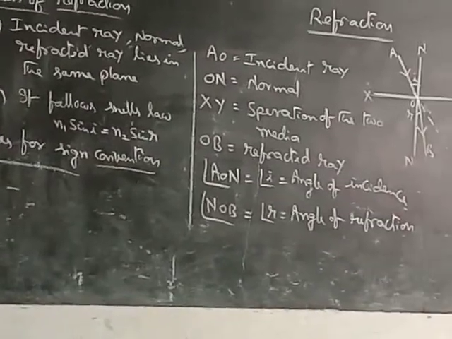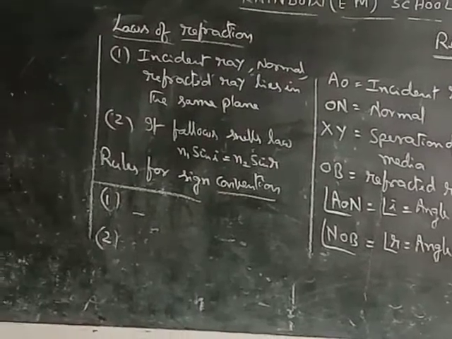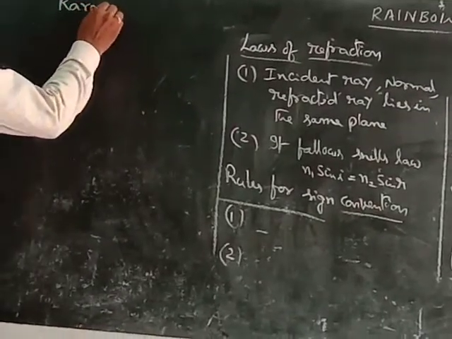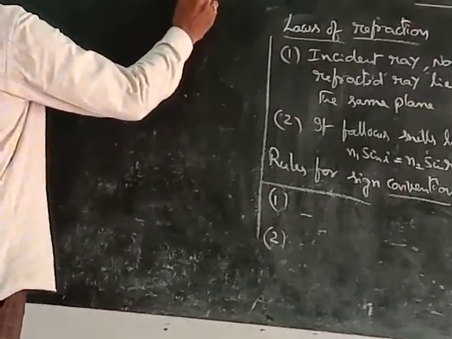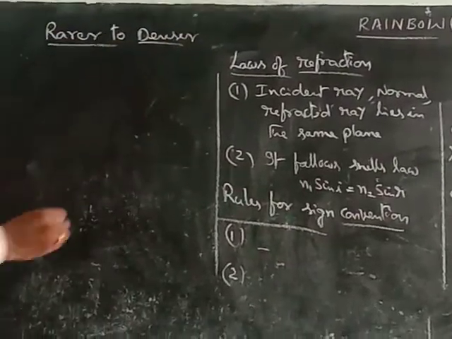These are the rules for sign convention. Here, suppose refraction takes place from rarer to denser. How is it?